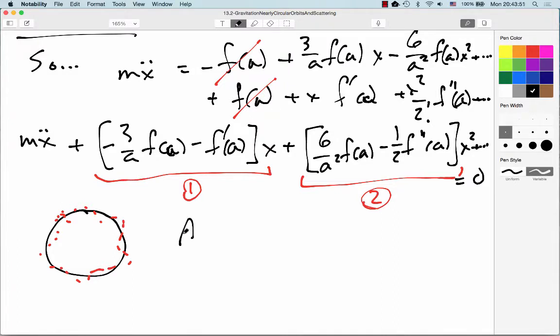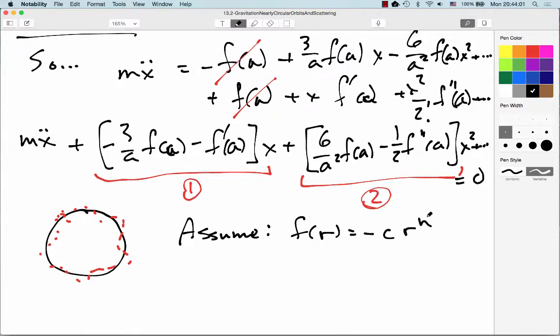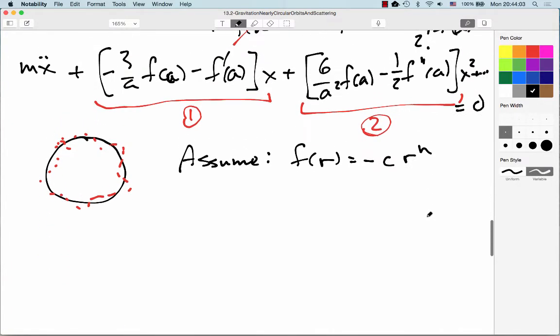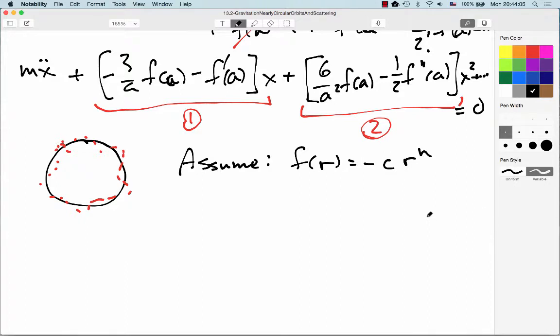All right, so we'll assume a force law that looks like f of r equals minus, to make it attractive, we pull out some constant, c r to the n. All right, so let's look at term 1, because the magic thing is: is term 1 positive? So we evaluate it for this force law.